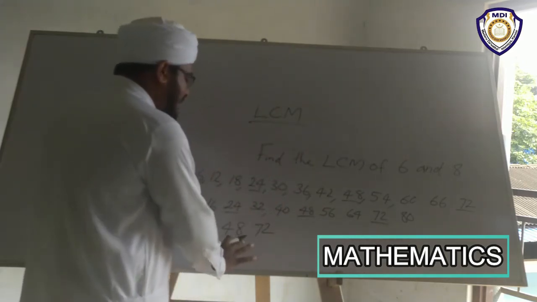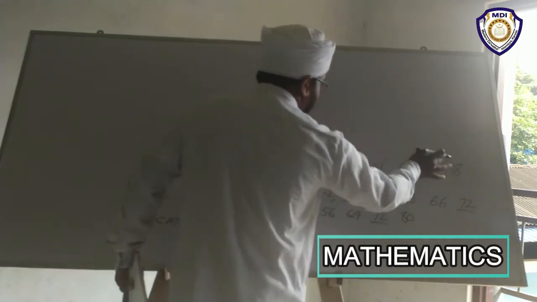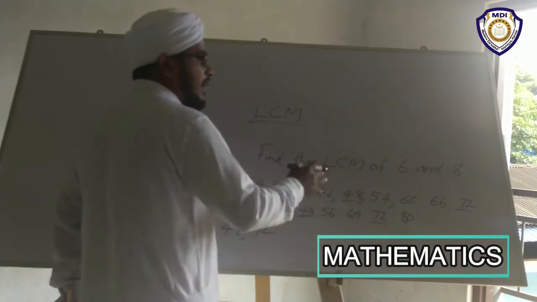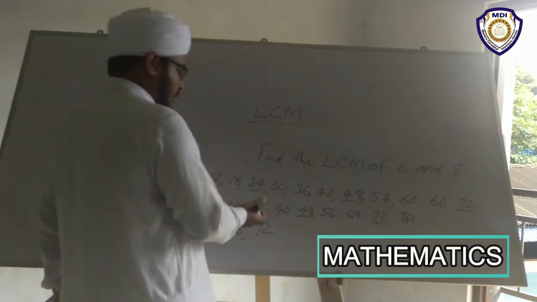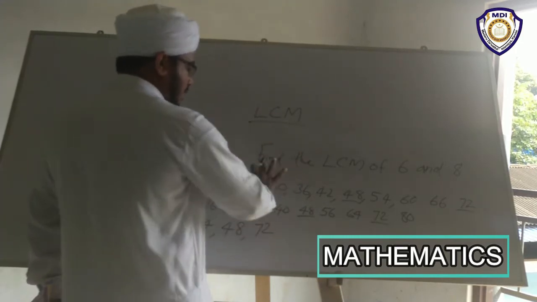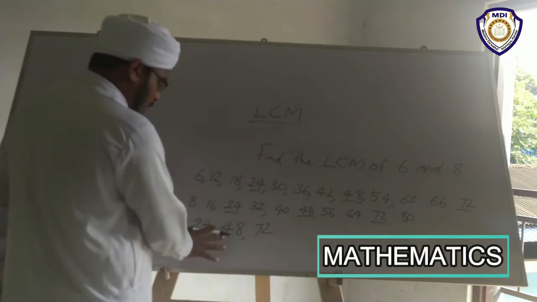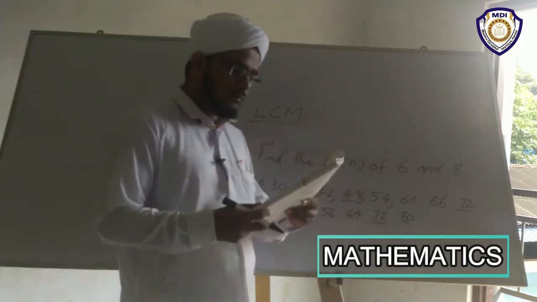Then these are the CM of 6 and 8. From these multiples, we get 3 common multiples: 24, 48, 72.